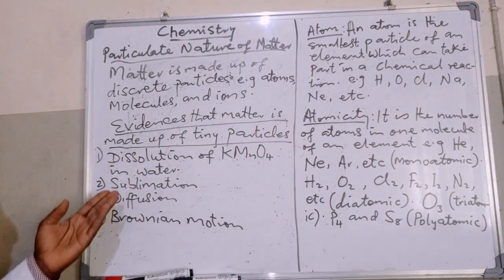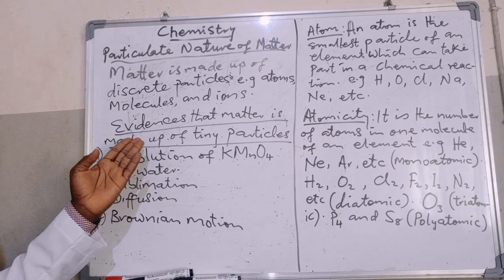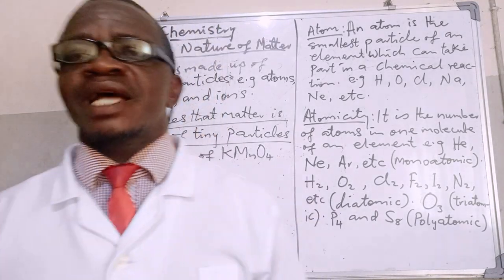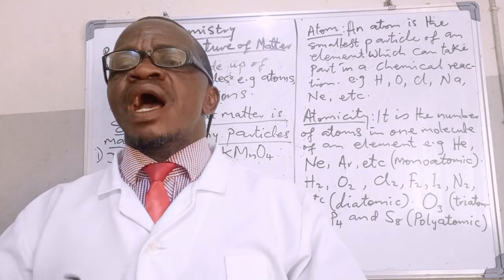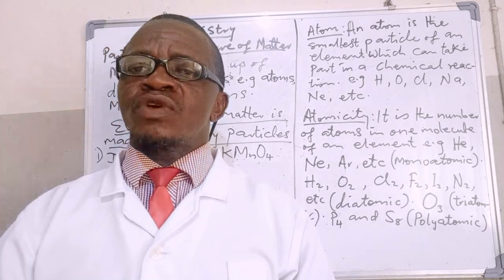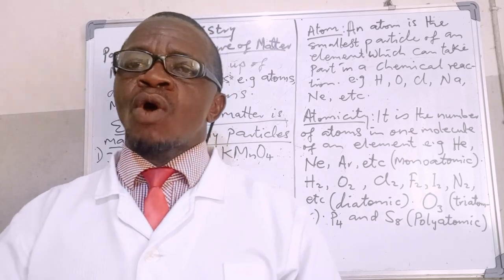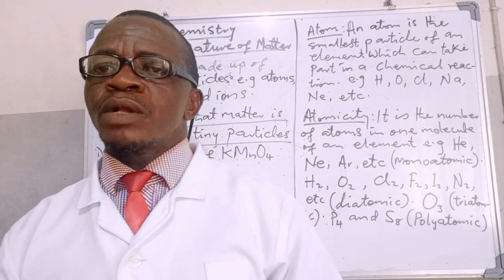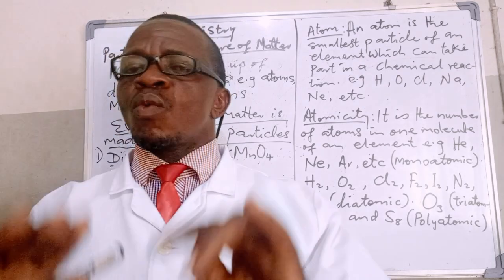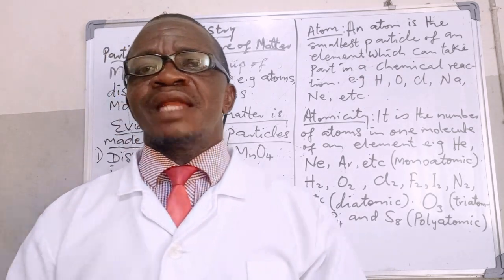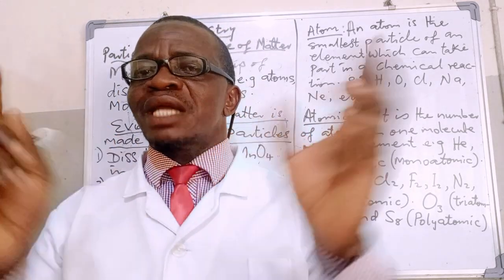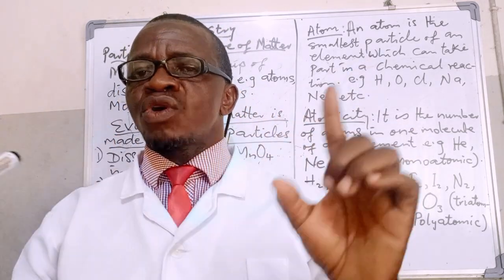We can use it to explain that matter is made up of tiny particles, because if you stand there for as long as possible, watching, you will not see the particles of the camphor break off and escape. But what you will observe is the reduction in size, because the particles that are leaving are very tiny, you will not see them.